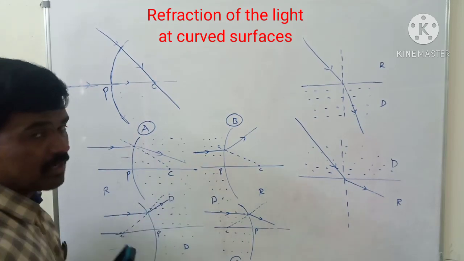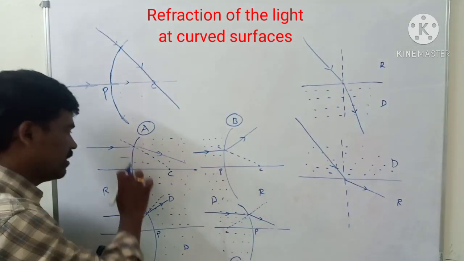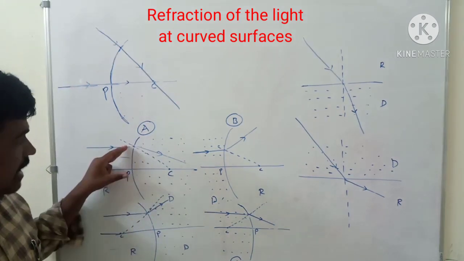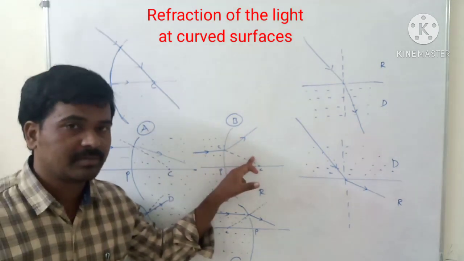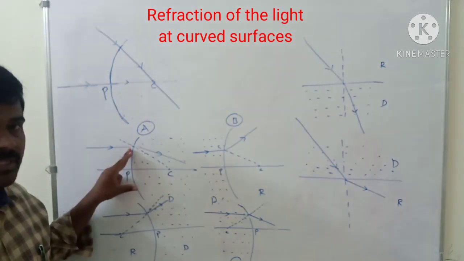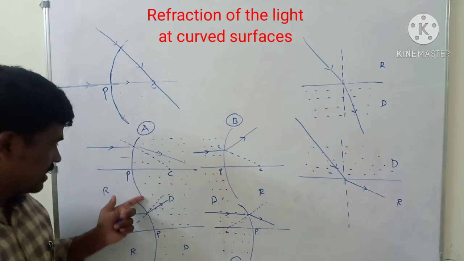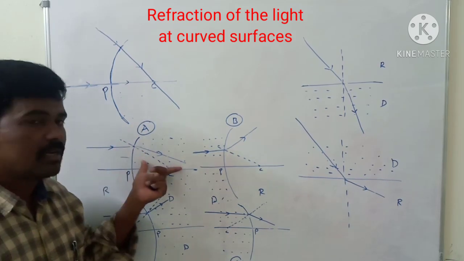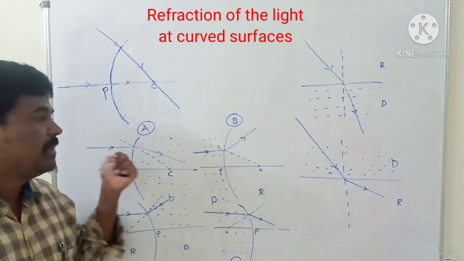So what we understand here is that by curved surfaces the lines may converge or the lines may diverge. The curved surfaces may make light converge or diverge depending on the mediums.